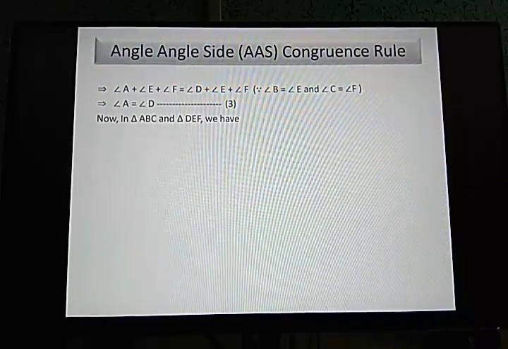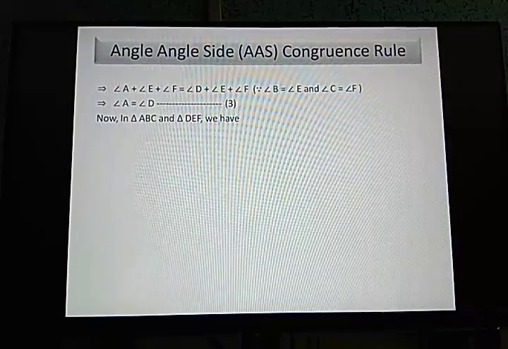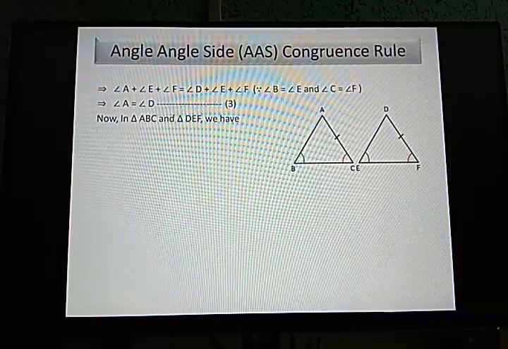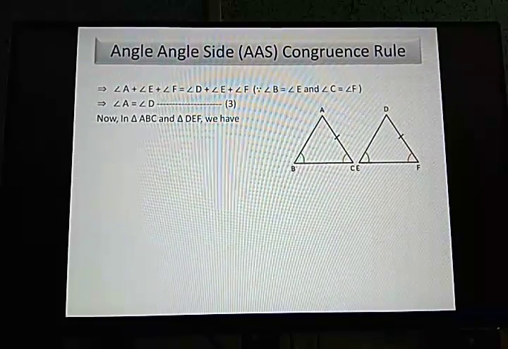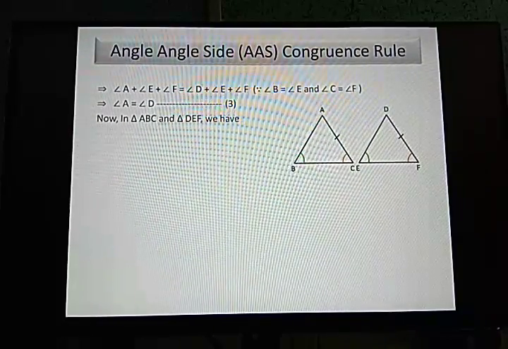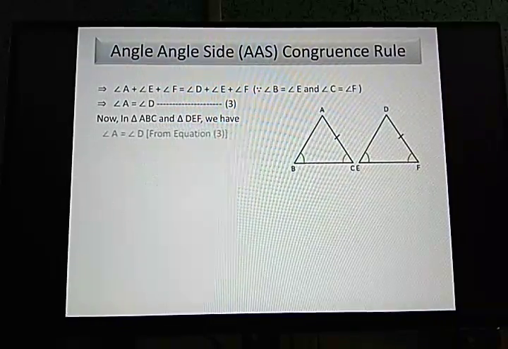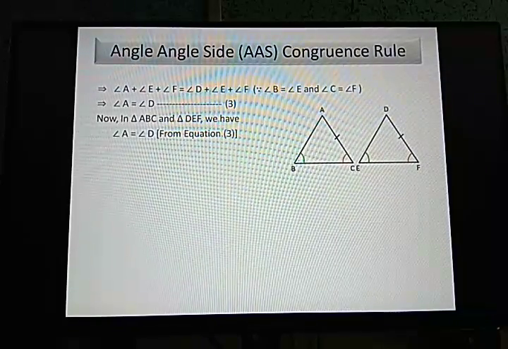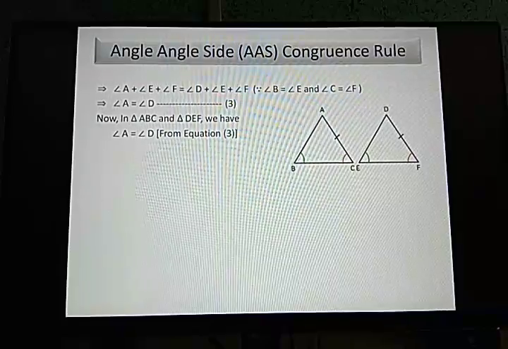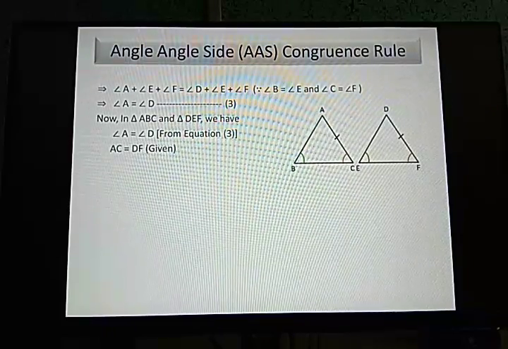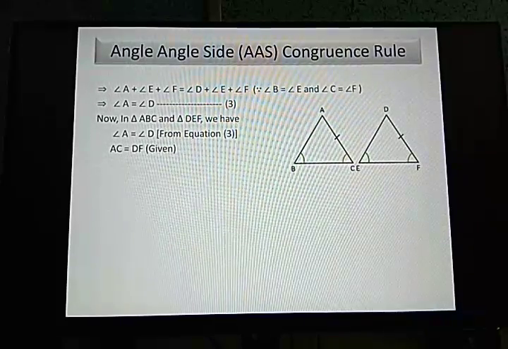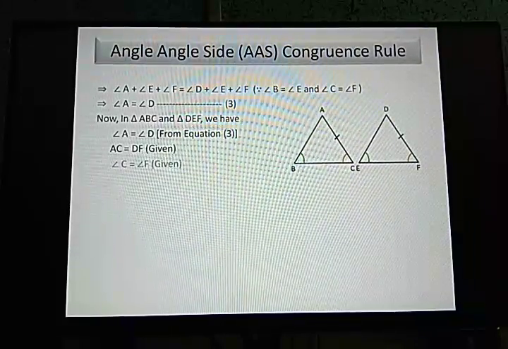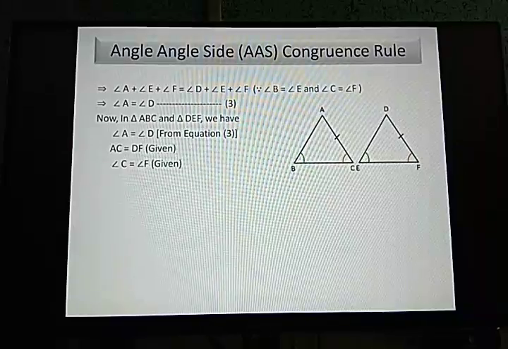If we apply the congruence rule in triangle ABC and triangle DEF, which are the corresponding parts that are equal? First, angle A is equal to angle D, which we just got from equation 3. Then AC equals DF, already given to us, and then angle C is equal to angle F, that is also given to us.